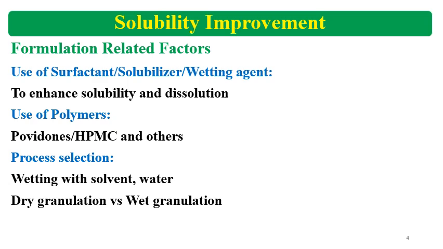If you are doing dry granulation or direct compression, and if you want to increase the solubility, go for wet granulation by top spray or by RMG. You can go for aqueous granulation, hydroalcoholic granulation, or you can go with organic solvent granulation or non-aqueous granulation and see whether it is improving the solubility or not.